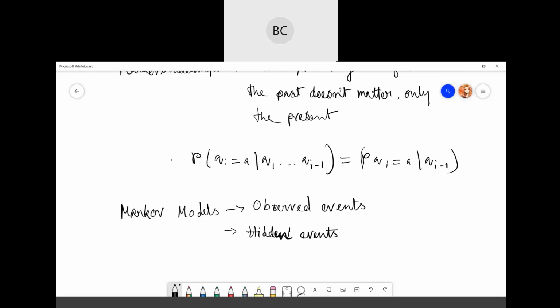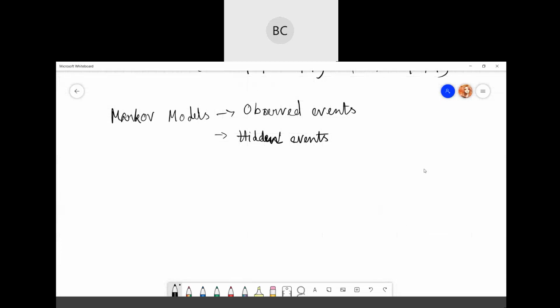Okay. So let's just see an example. It will be easier to understand. Let's suppose there are two persons, Alice and Bob. Alice knows that Bob gets happy when the weather is sunny, and Bob gets sad when the weather is rainy.